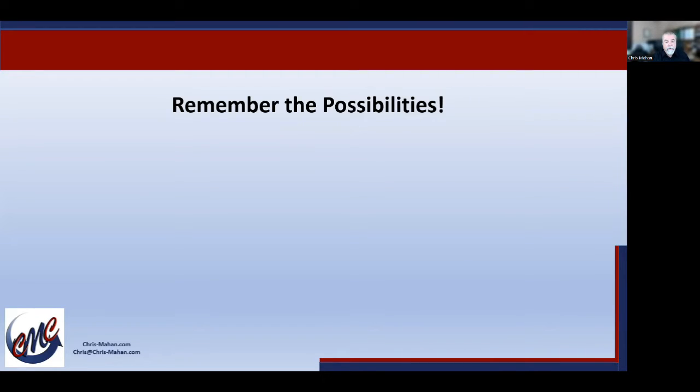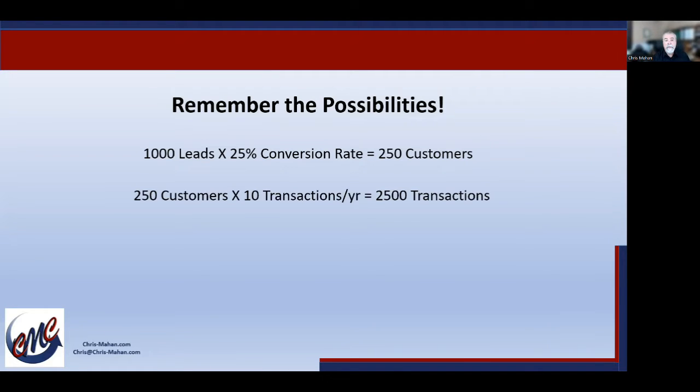So you remember that in our example, we had 1,000 leads and that business had a 25% conversion rate. So that meant that they had 250 customers. Each of those 250 customers did an average of 10 transactions a year. That's 2,500 transactions. So you multiply 2,500 transactions by the $100 that they were spending on average at each one of those transactions.